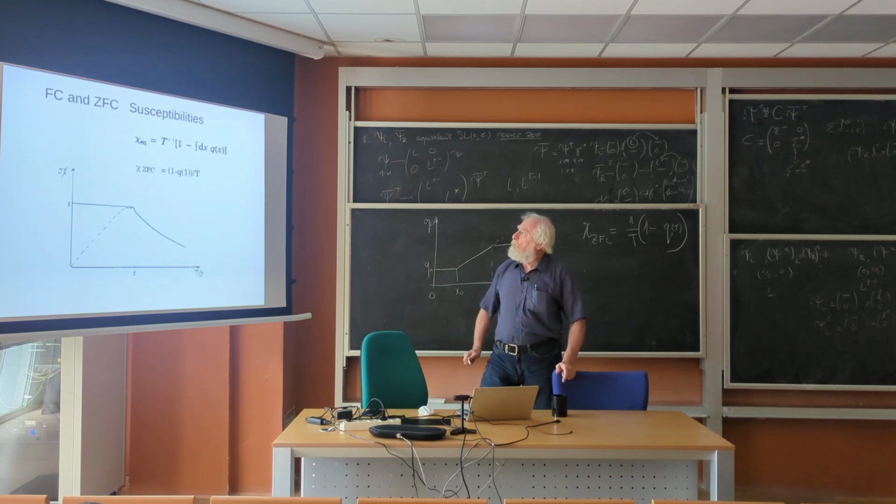So the differences are shown here. This broken line is the zero-field-cooled susceptibility, which goes to zero linearly when temperature goes to zero, while the equilibrium response is just a constant below the transition temperature; it does not change.